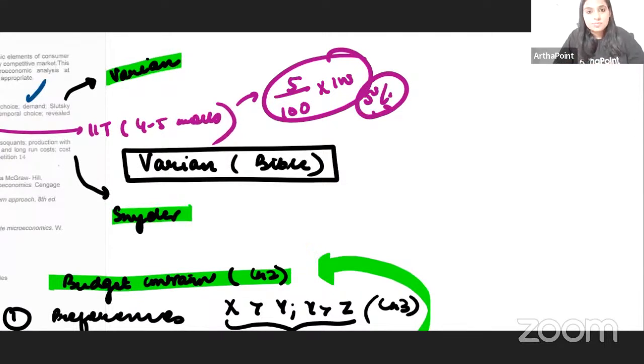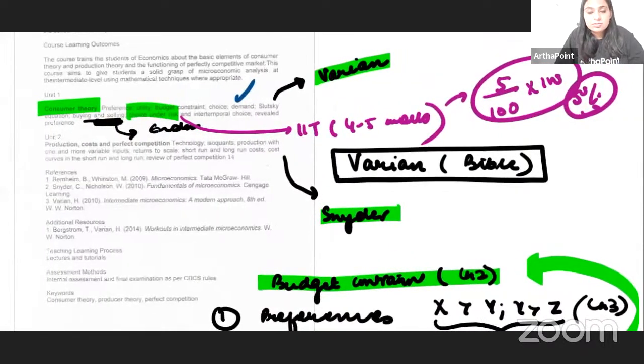That's too much, isn't it? That important is risk. Then intertemporal choice and revealed preferences. So we will talk about what is weak axiom, what is strong axiom, etc. This is my first part.